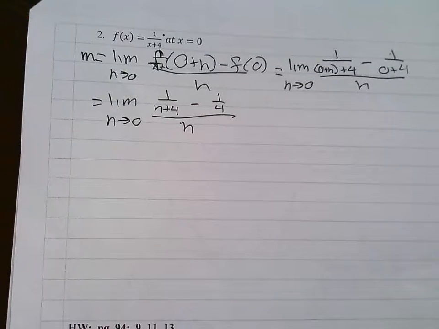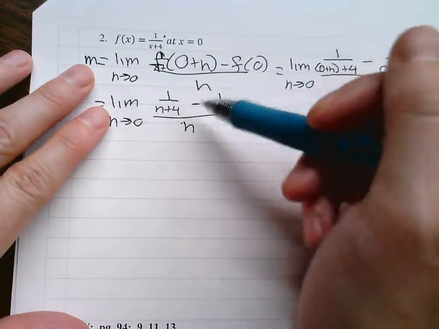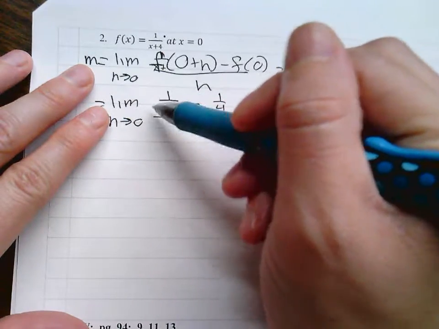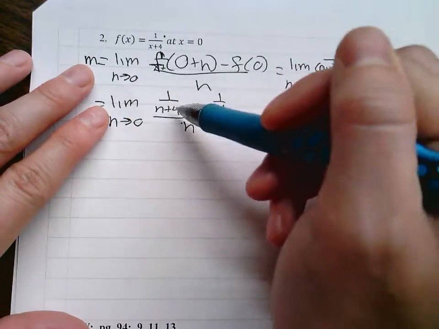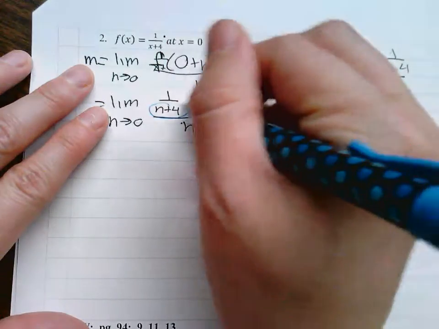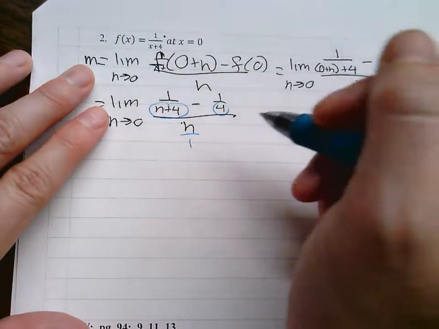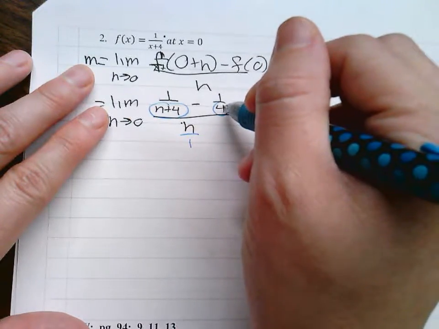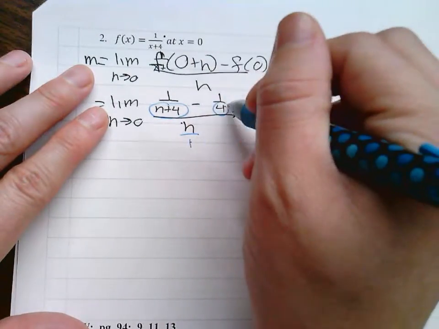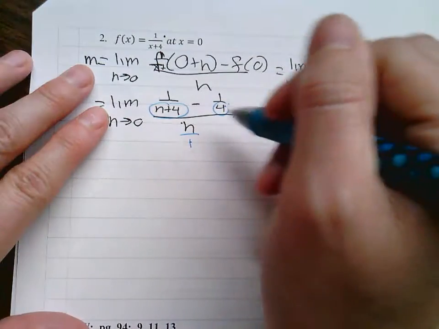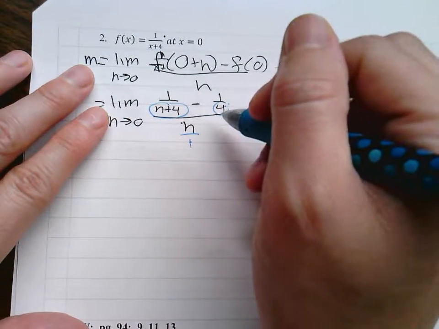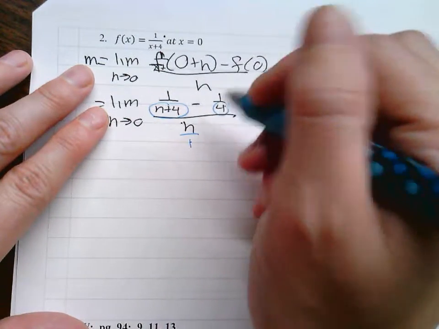So it's a complex fraction. To get rid of the complex fraction, I call this the main numerator and this the main denominator. I focus on all the denominators here, and this denominator is 1, so I really don't care. So the LCM is going to be 1 times 4 times h plus 4. You're going to multiply everything by the LCM. When you do that, you get rid of all the denominators.